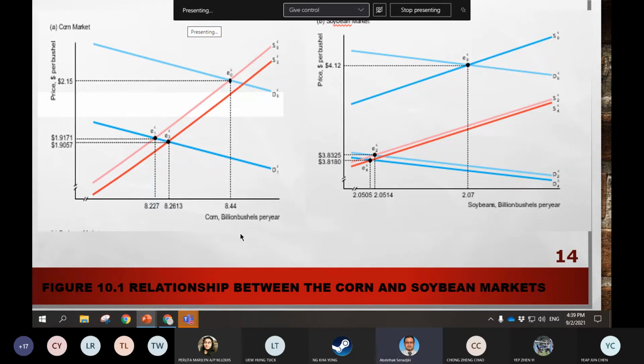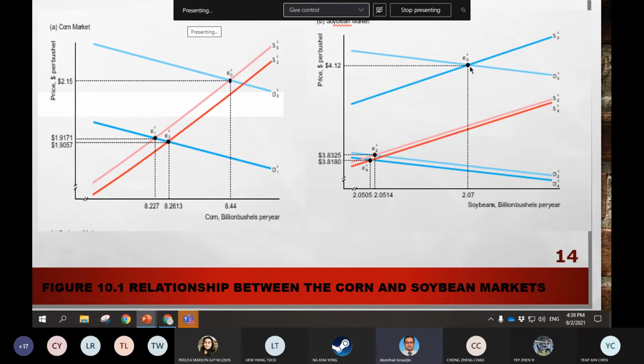So the demand for corn, as I say, shifted from D0 to D1, so the shock to the corn market affect the soybean market. Consumers substitute toward corn because corn become very cheap compared to soybean. So the initial equilibrium is here.